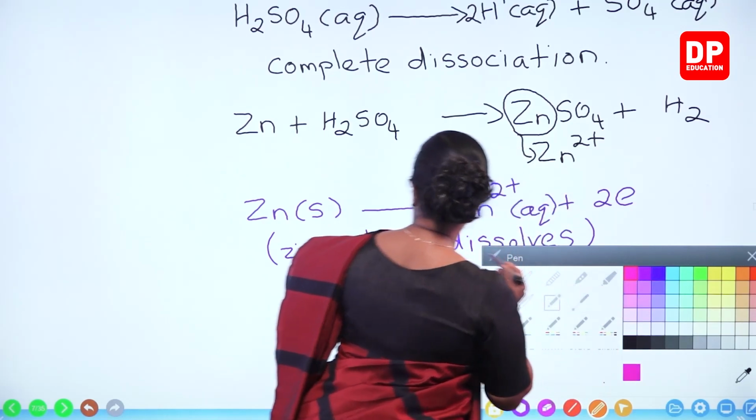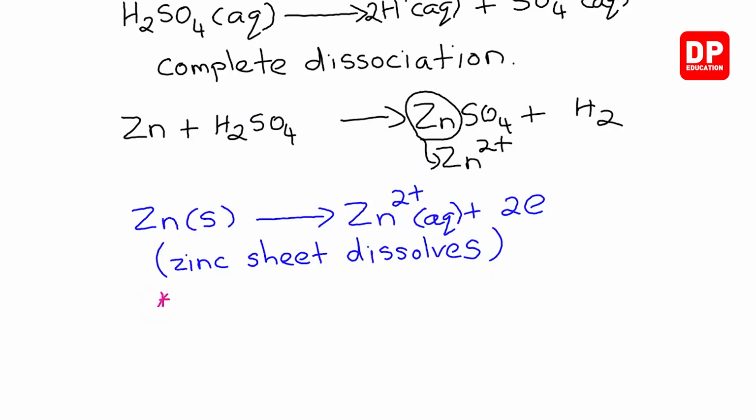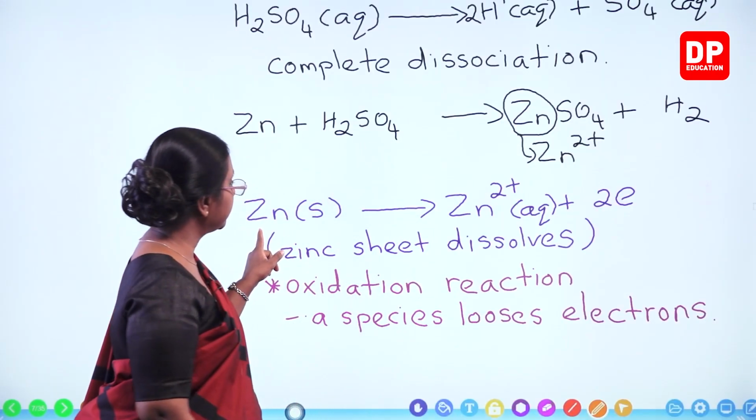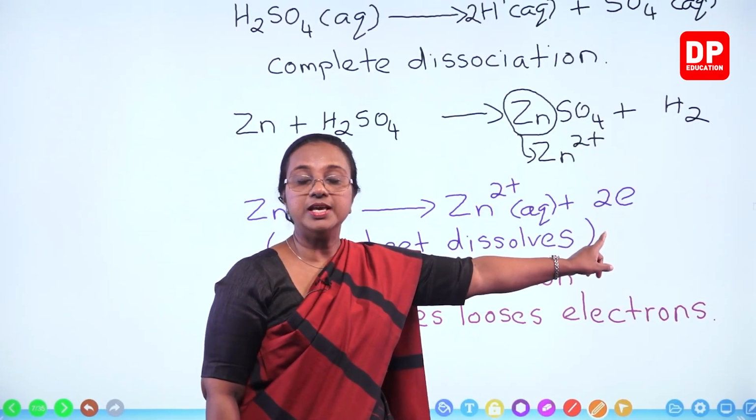Now this is known as an oxidation reaction. Oxidation reaction means a species loses electrons. So zinc is the species, it is losing electrons.